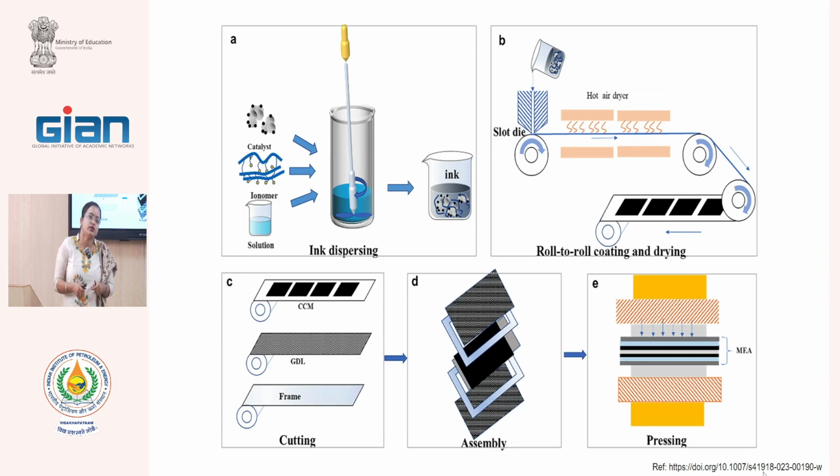Manual pressing will not be sufficient, because if we just assemble them without creating any extra pressure, there will be a lot of gaps between these layers. Maybe not visible to the eye, but small gaps which will enhance your contact resistance. Contact resistance means that when ions are generated and go from one layer to another, there will be a lot of extra resistance to that.